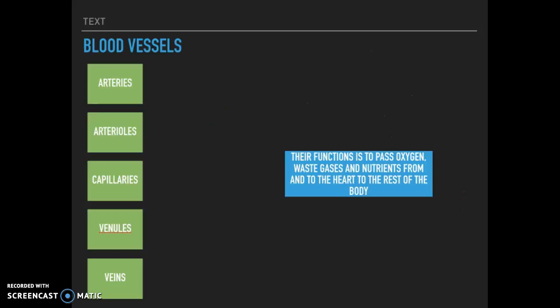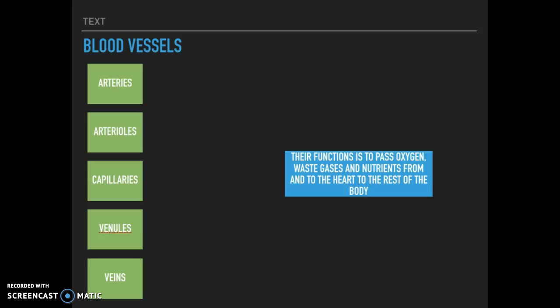So blood vessels' jobs is to pass oxygen, waste gases, and nutrients to and from the heart when the body's at rest or during working. These are the five main blood vessels: arteries, arterioles, capillaries, venules, veins.